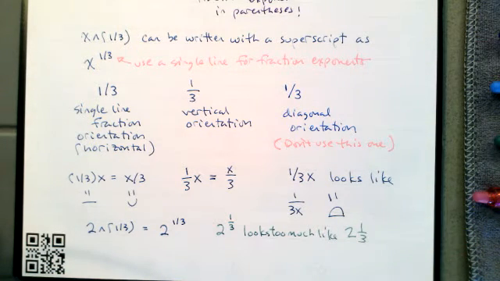So are we saying 2 to the 1/3, or are we saying 2 and 1/3, which means 2 plus 1/3? And in every scenario, diagonal orientation looks bad. Any questions?